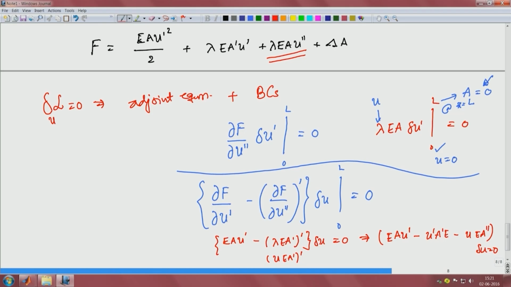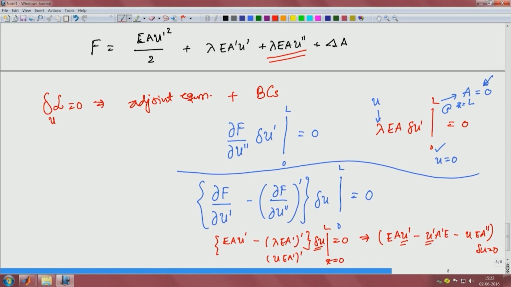Delta u means that if u is specified to be 0, delta u is 0. So, at x equal to 0, we have no problem, this is automatically satisfied because that is equal to 0. At the other end, x equal to L, u' is 0, that is gone, and u' here, that is gone, and then you have E A''.